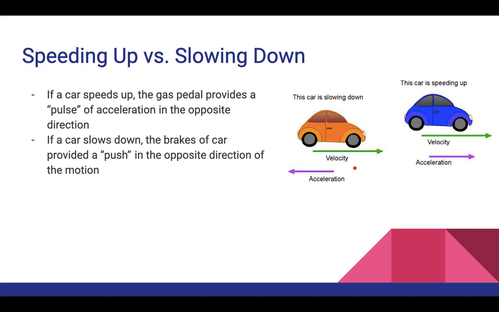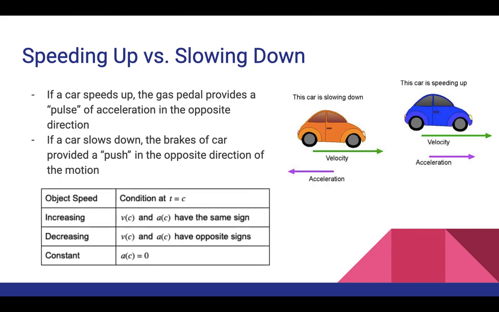So we can use this to generate conditions for speeding up versus slowing down. If our object's speed is increasing, we're speeding up, that means our velocity and acceleration must have the same sign, either negative negative if we're heading to the left or positive positive to the right, indicating that the pulse of acceleration is in the same direction as our motion.